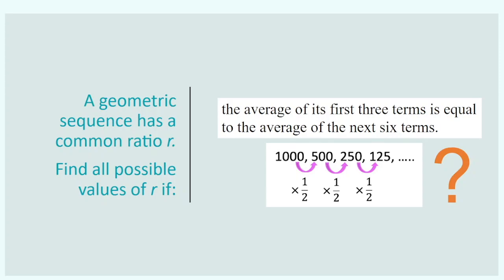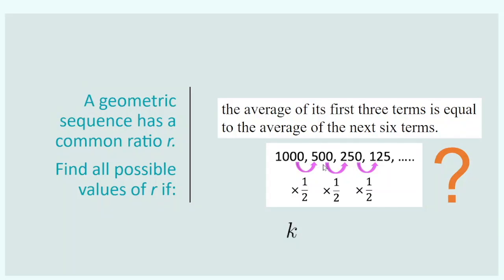Now, in this example, we start off with 1,000 as the first term of our geometric sequence. But it doesn't have to be 1,000. You could have any number at the start, and it would still be a geometric sequence. So we can call our first term k in general. Now the second term is going to be the term before it, k, multiplied by our ratio, which in this example is 1/2, but in general is r.